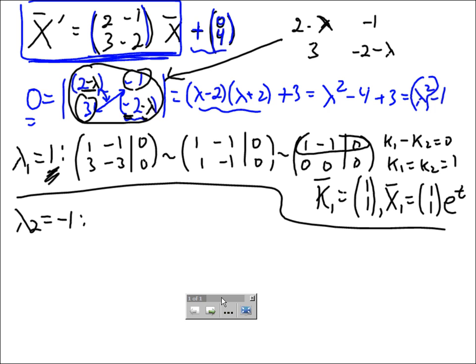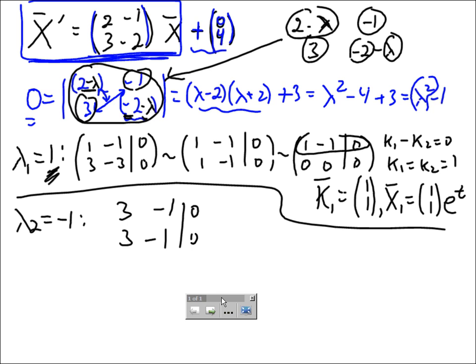Now I let lambda be negative 1. 2 take away a negative 1 is 3. Negative 1 and then 3. Negative 2 take away a negative 1, that's negative 2 plus 1, or negative 1. We'll augment that with the 0 matrix.